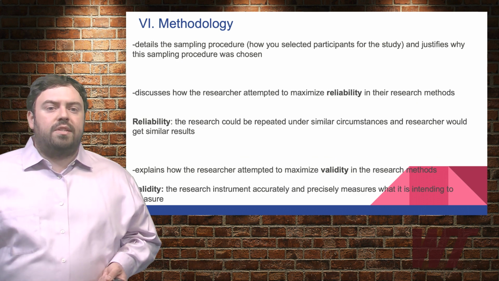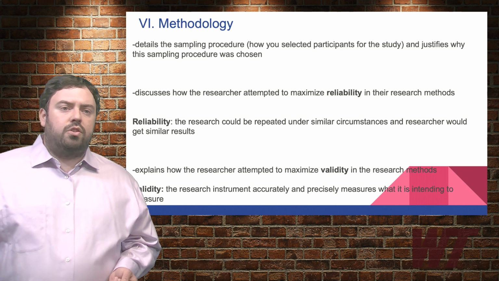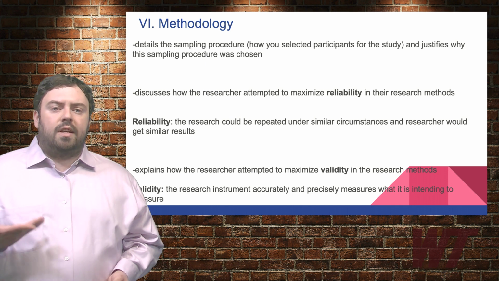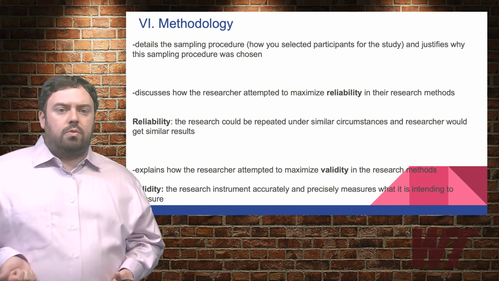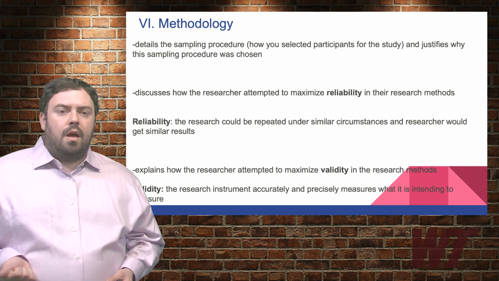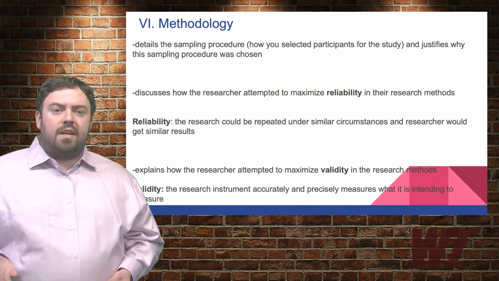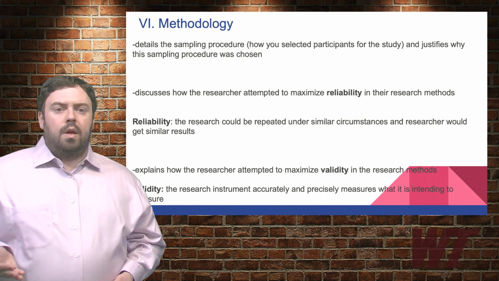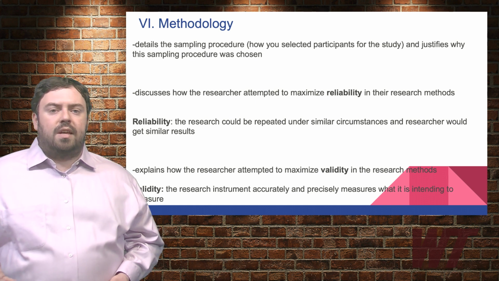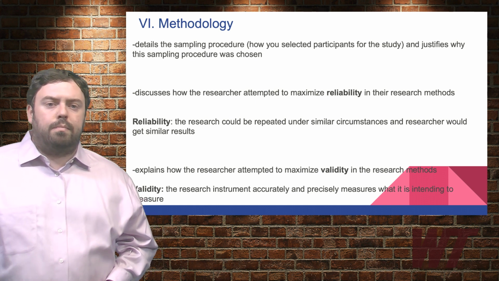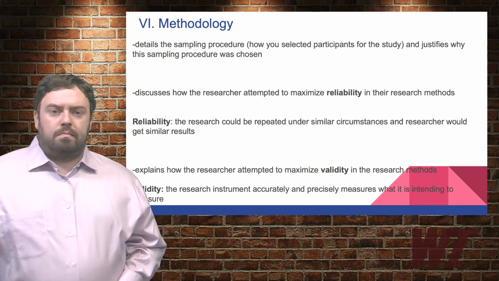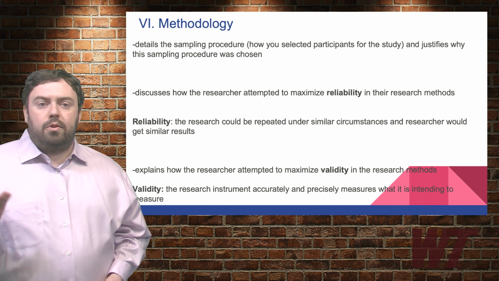Next, you'll discuss your sampling procedure. So how did you recruit participants for the study? Not only are you going to explain what kind of sampling procedure you used, for example, did you use probability sampling, which would be randomized sampling, or did you use non-probability sampling, which was not random? One common non-probability sampling is convenience sampling, where you're sampling people that are either easily available to ask questions to, or people you know.